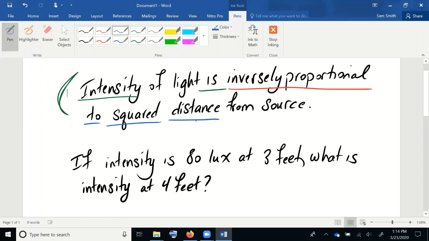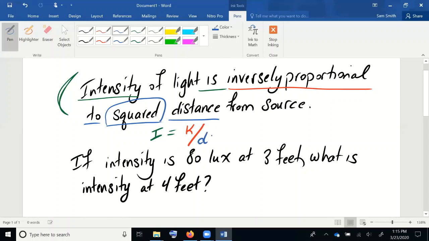Now I think the real wrinkle here, and the one that's easy to overlook, is this term squared here. If I wanted to translate this statement into an equation, I might start by using I for intensity. I for intensity equals, inversely proportional, so K divided by... Inversely proportional to what?